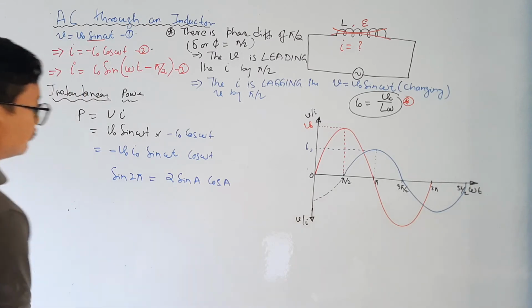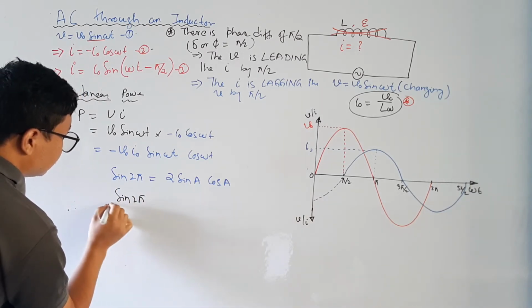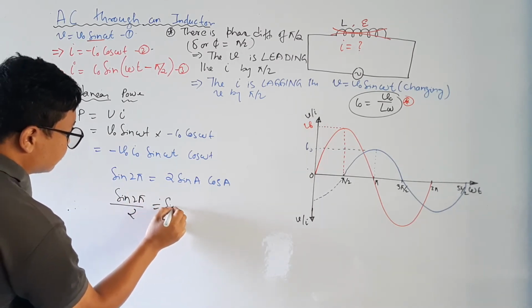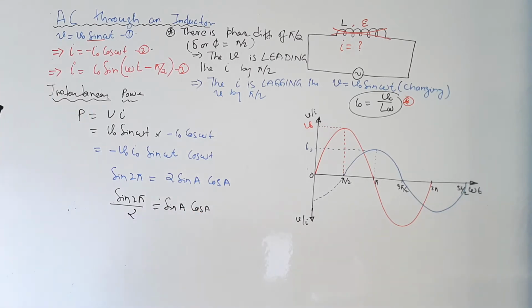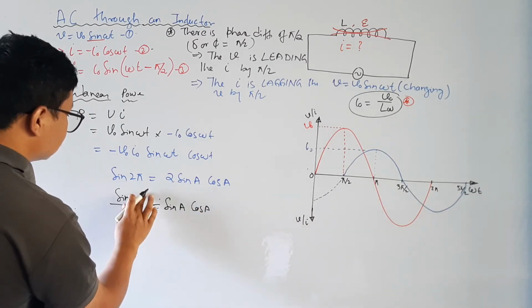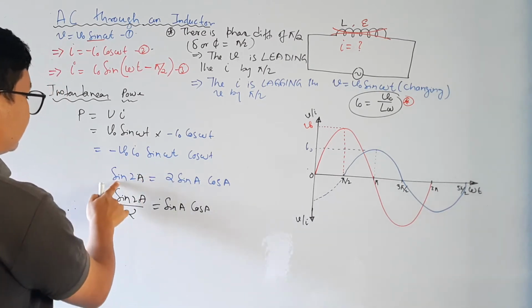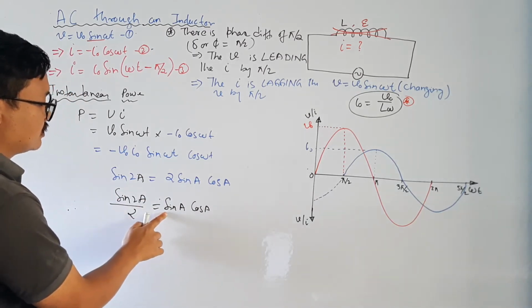So sine 2a divided by 2 is equal to sine a cos a.